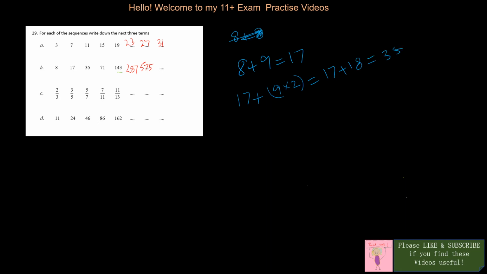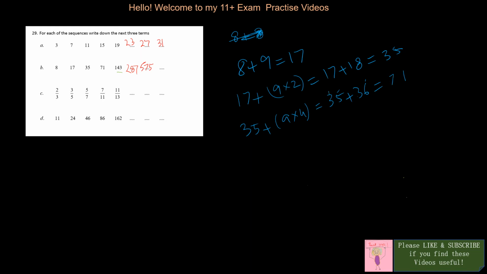Then we will do 35 plus, we will double the 2, that's 9 times 4, is 35 plus 36, that is 71.